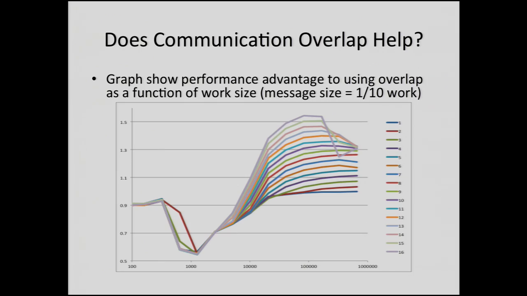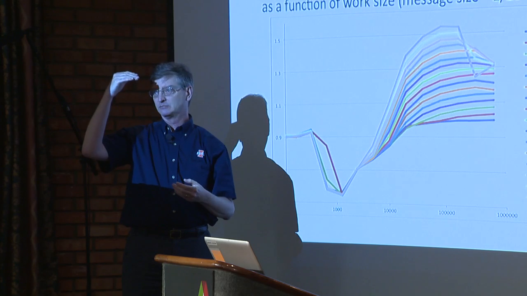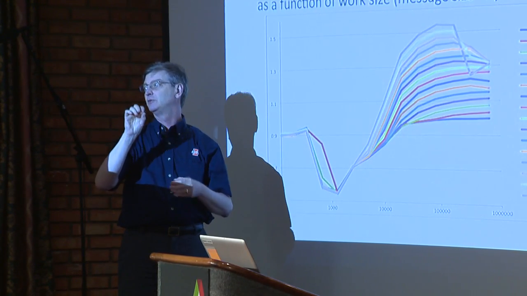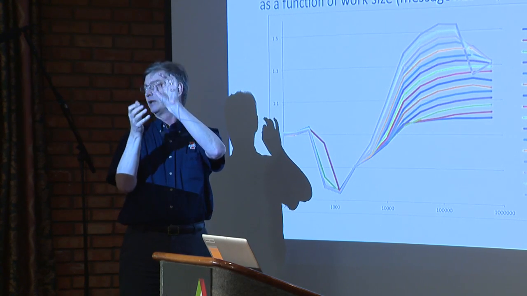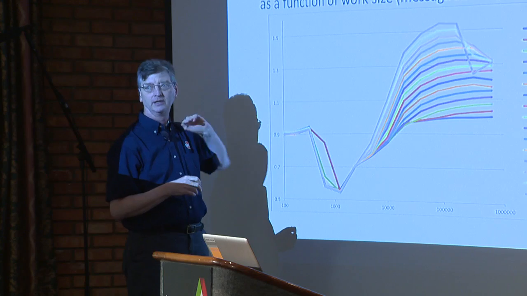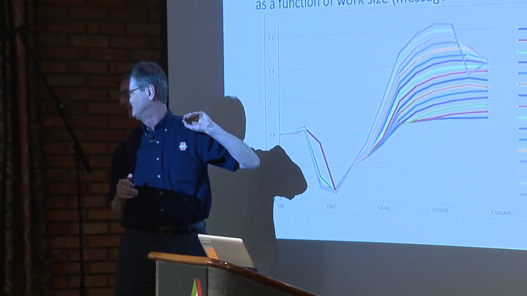So can it help? Well, maybe. This is for a particular communication pattern, on the BlueGene. This is the ratio of the time doing communication then computation divided by the time doing the overlapped communication and computation. So at 1, you have done no harm.